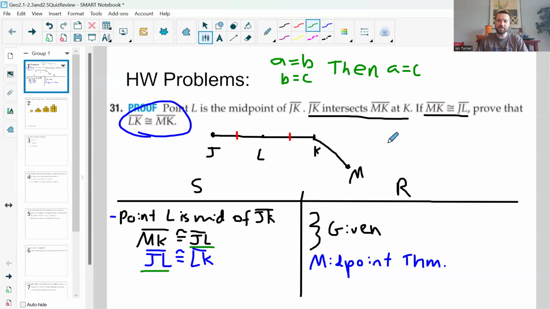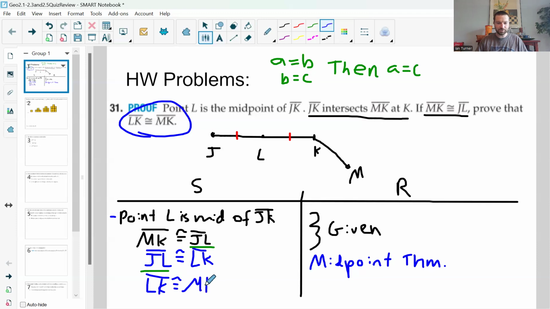Two things equal the same thing, then they have to equal each other. We see this come up a good amount, but here it is. You can see they're both congruent to JL, so they've got to be congruent to each other. And so we can say LK is congruent to MK.